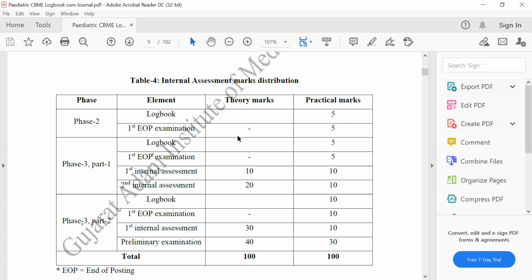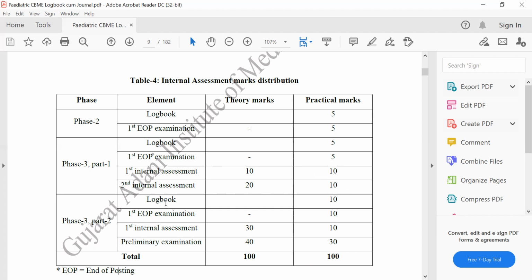For ward ending exam, this will be 5 out of 100. And in phase 3 part 1, the student will complete the logbook part of phase 3 part 1. Again 5 marks. Ward ending exam 5 marks. First internal assessment theory 10 and practical also 10. Second internal assessment theory 20 and practical 10.